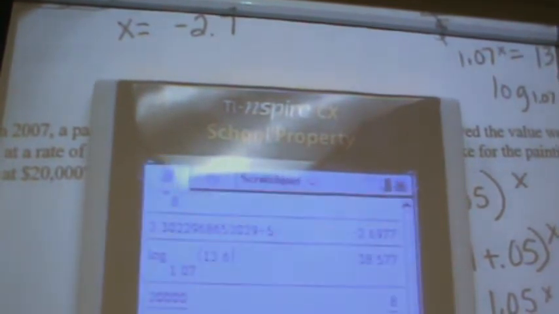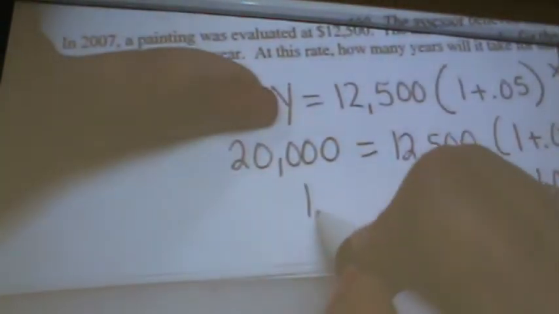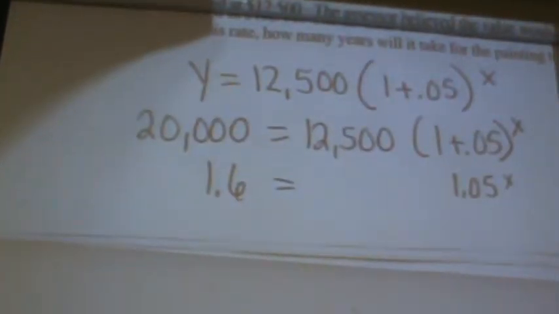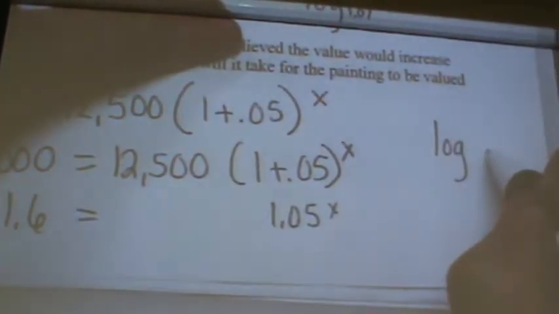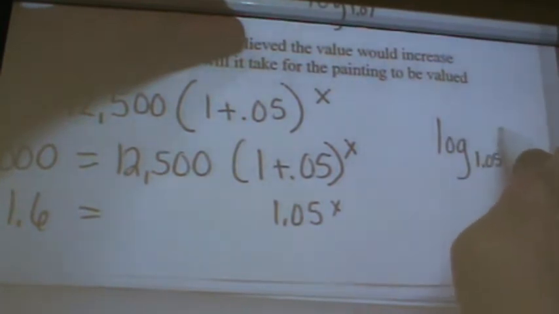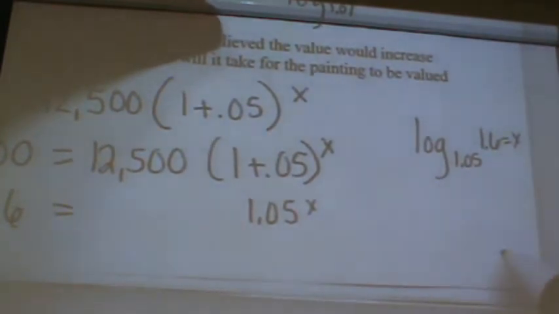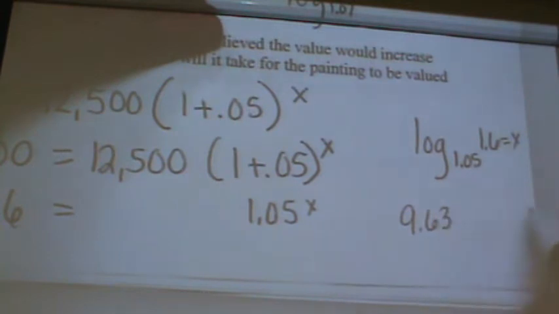You want to convert it. 1.6. So you have 1.6 is equal to 1.05 to the x. How do you rewrite this in log form? And then do that on your calculator. Anyone have an answer? Yep.